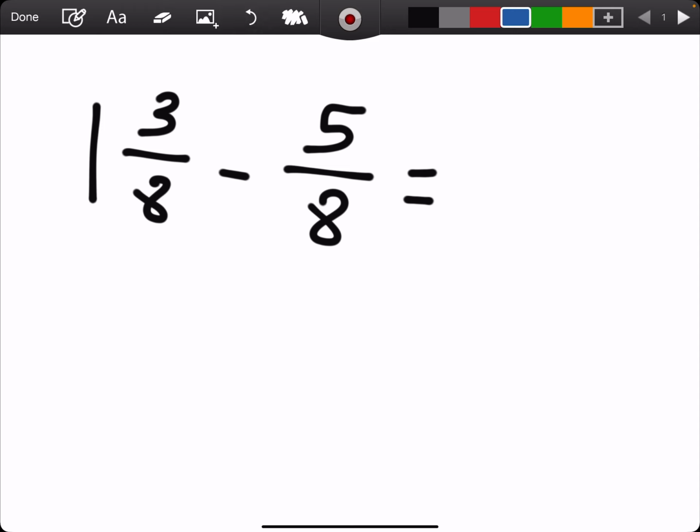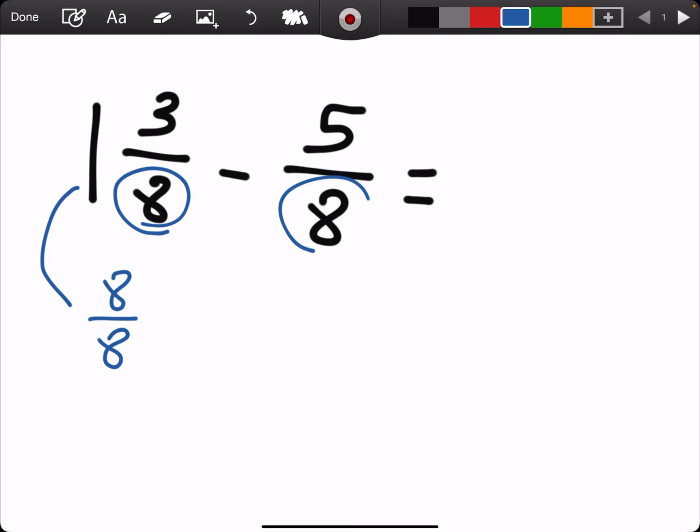So I'm going to break up that 1 3/8 and say, well, that whole is 8/8. How do I know that whole is 8/8? Because I'm looking at the common denominator that I have in this equation. So that 1 whole becomes 8/8, and then I have the 3/8 with it.